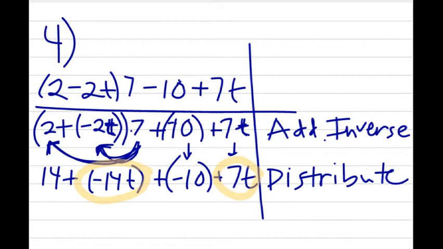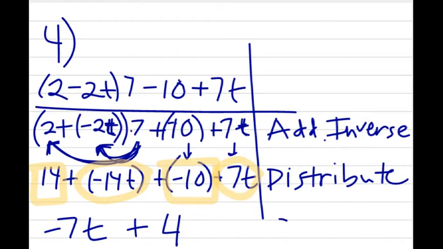So I can combine those. If I have 14 negative t's plus 7 positive t's, that gives me negative 7 t's. And I've got a constant here and a constant here. Positive 14 plus negative 10 is positive 4. Combine like terms.